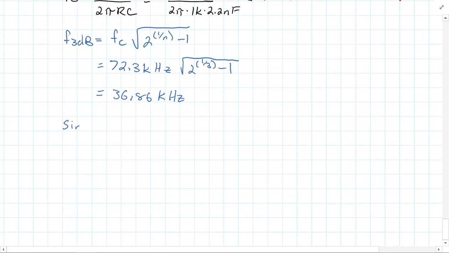Simulation gives minus 3 dB at 14 kilohertz. Well, that's way off from what we said it should be. We said that the 3 dB point should be 36.86 kilohertz.